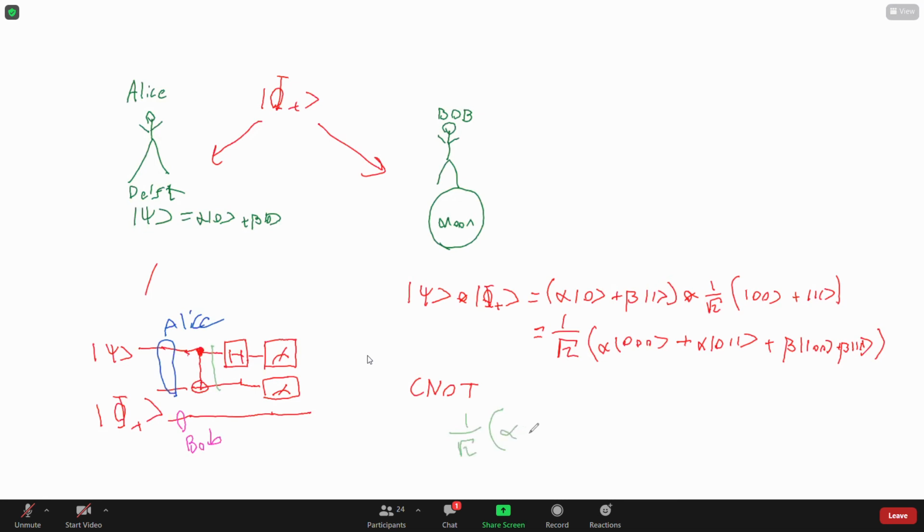And then we get alpha, okay, the 0 0 0 doesn't change anything, right? 0 0 0 plus alpha 0 1 1 also doesn't change. Then we get plus beta 1, and now we change this 0 to a 1. 1 1 0 plus beta 1 0 1.